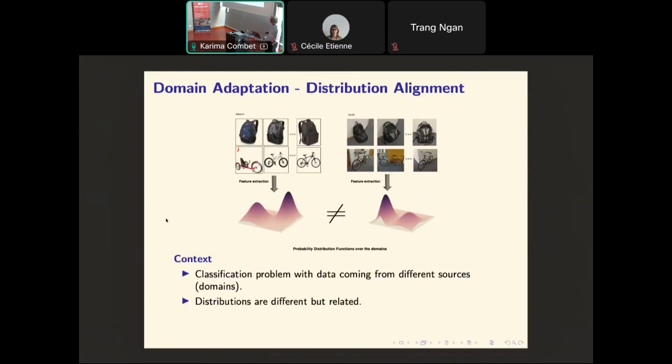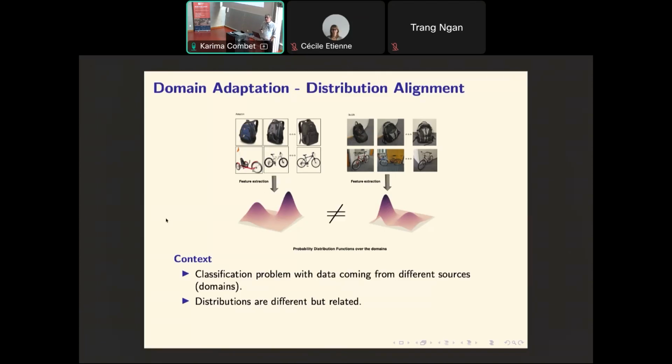Right. So transfer learning is really the notion of adapting, transferring the knowledge that has been learned by a model to another task or domain. Domain adaptation is a subfield of transfer learning where we try to align distributions. So the idea is that you have a task like detecting some bikes and bags here. You learn from a well-known data set. This data set has a particular distribution.